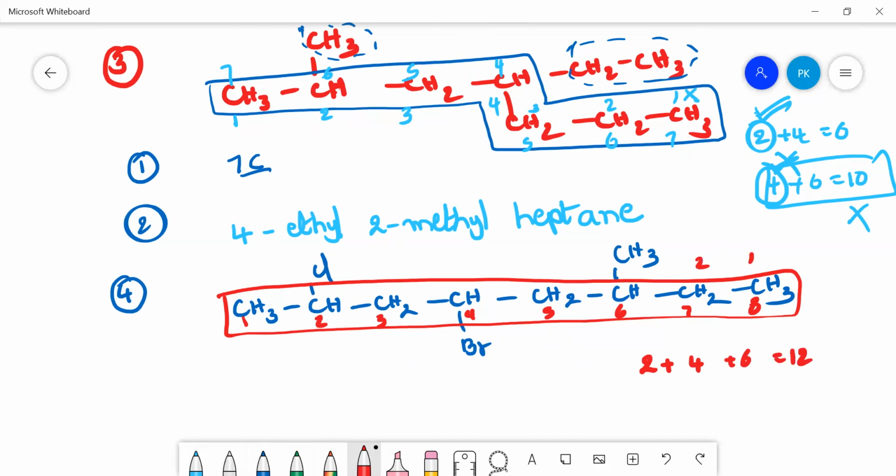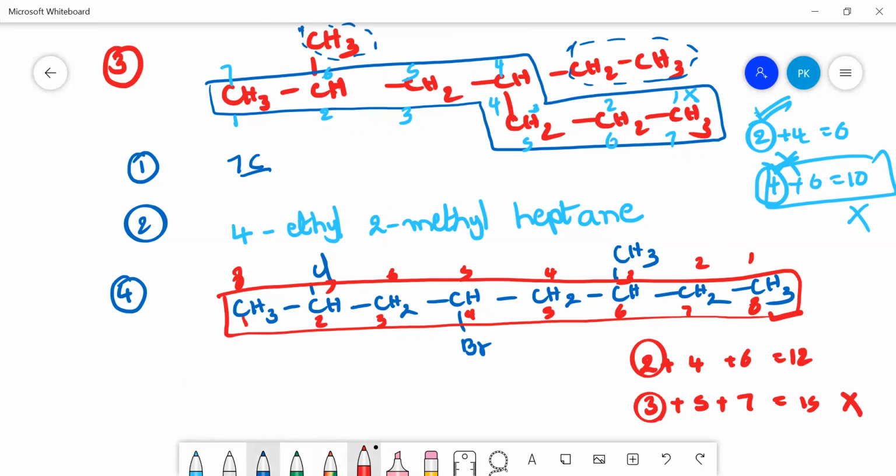In reverse, 1, 2, 3, 4, 5, 6, 7, 8, on the third position we have a substituent, on the fifth position, and on the seventh position. So 3 plus 5, 8, 8 plus 7, 15. So this is wrong. And even you see, the first point of difference is also saying the first method is correct.